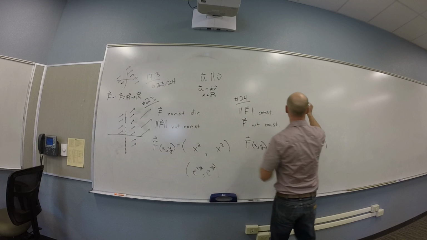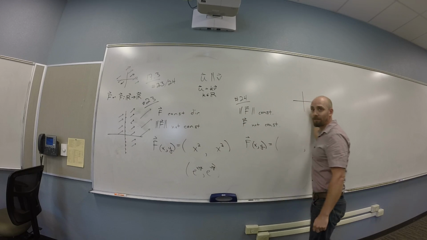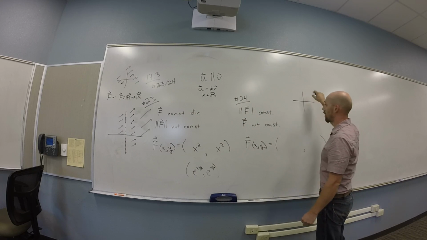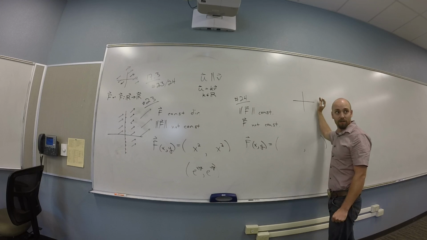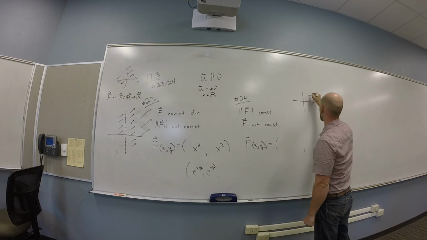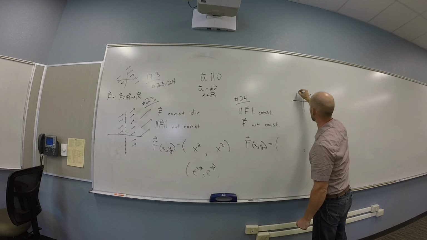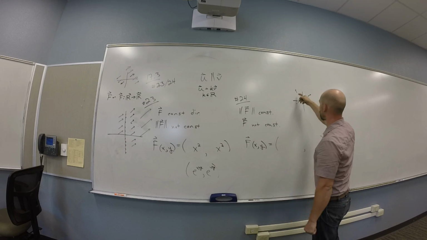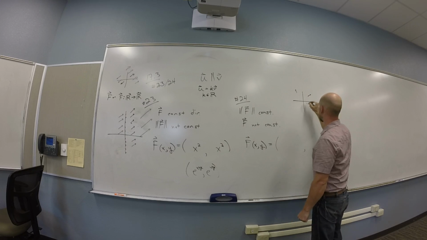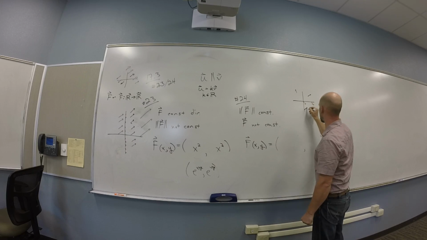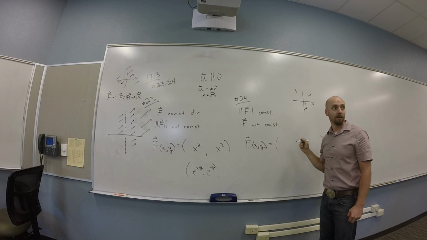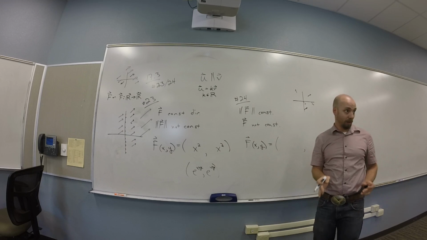I need the magnitudes to all be the same everywhere. So every vector I draw has to be the same length. Here's a vector pointing in a different direction that's the same length. Here's another, and another. All that matters is that they're all the same length.